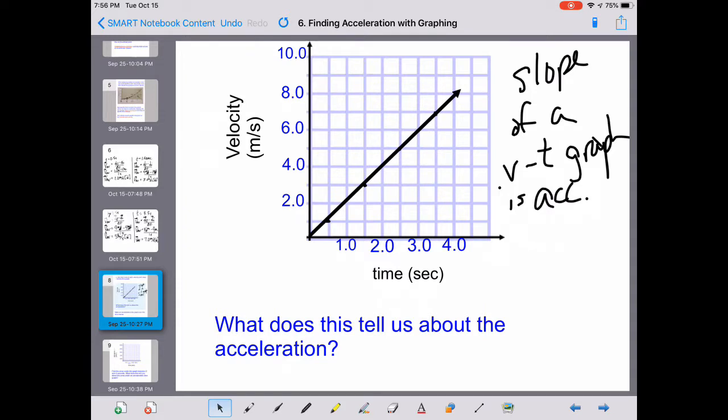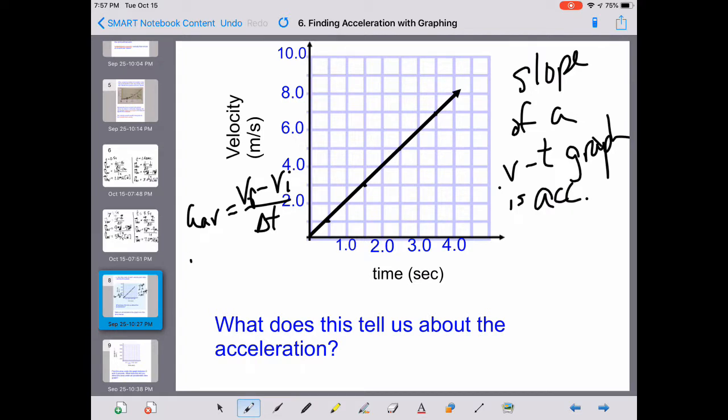So if I look at the very end here and use our acceleration equation that we have from before, a_av = (vf minus vi) over t. Pick any time period here and figure out vf minus vi over t. The easiest one to do is to pick the end and the beginning.